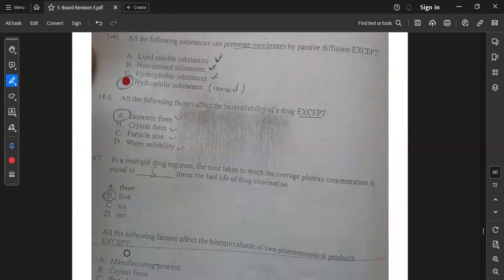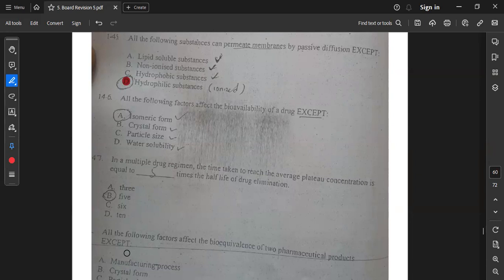Also warfarin, I think the S form is the active one, if I'm not wrong. Yes, S-warfarin. So the answer is A, isomeric form.